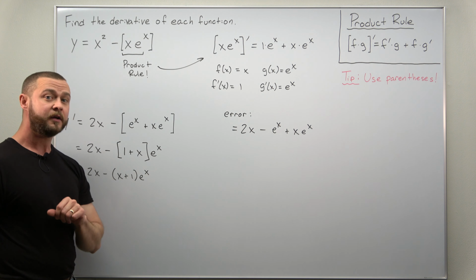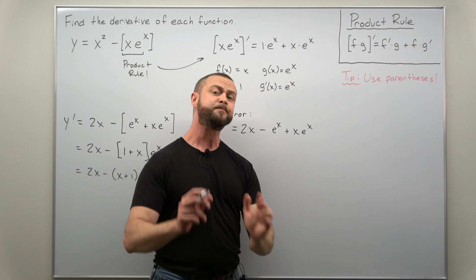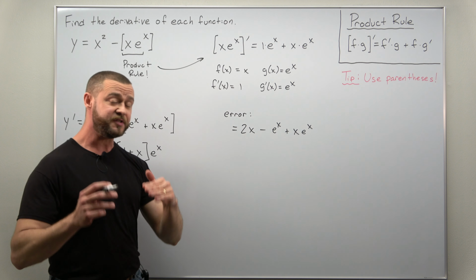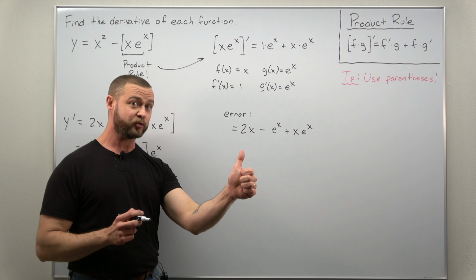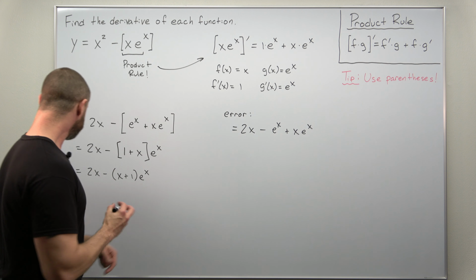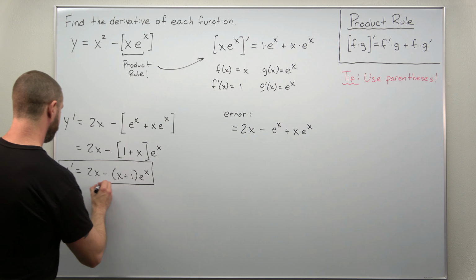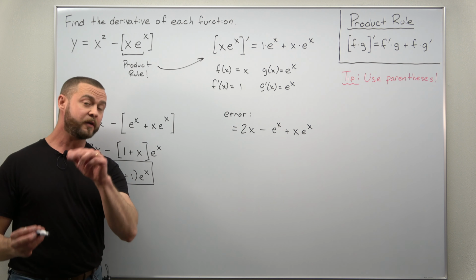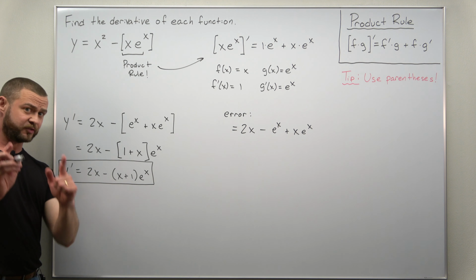We just used the product rule, but being able to look at this problem and see where the errors might occur and then how to fix them, do your calculation off to the side, and also use parentheses. That'll be a good way to build those skills now for the simple problems before you get to the ones that are a lot harder, where we start combining product rule with the quotient rule and the chain rule. All right, so there we go. This is our derivative, y prime. And once you get the hang of where the errors occur with the minus and how to fix them using parentheses, you'll be able to get through problems like this, no problem.